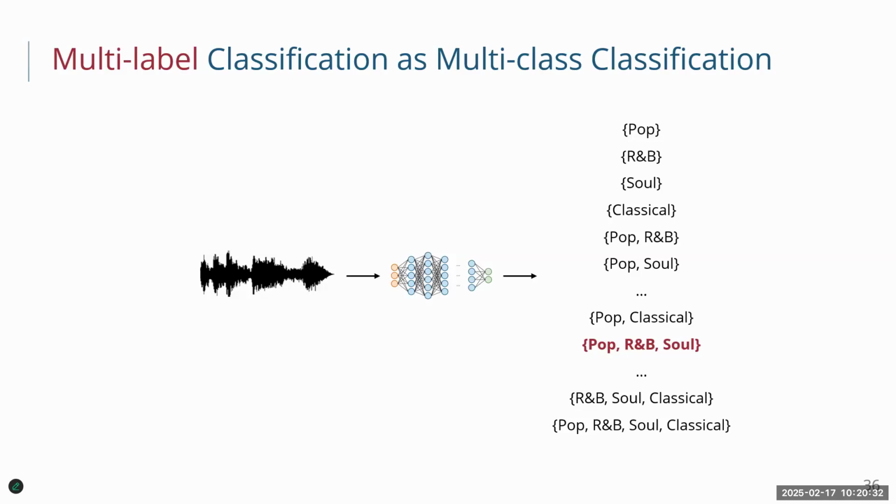Then you do pop and R&B, pop and soul, pop and classical, or you do 3 of them, and you do 4 of them. So you can basically get 2 to the power of 4 minus 1 combinations of all different label combinations. That could be the way to do multi-class classification.